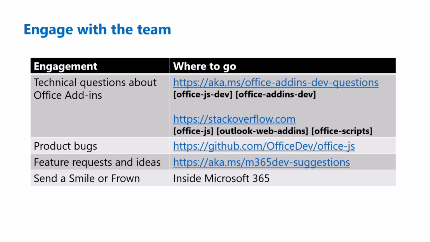If you have product bugs, please submit an issue on our GitHub for Office.js, and we have people monitoring those incoming updates and bringing them to the subject domain experts to take a further look.